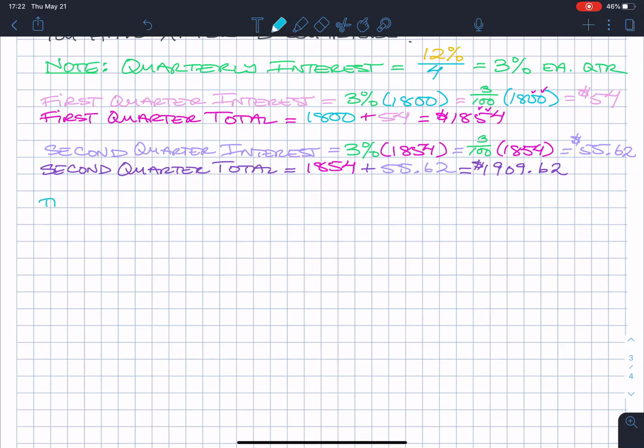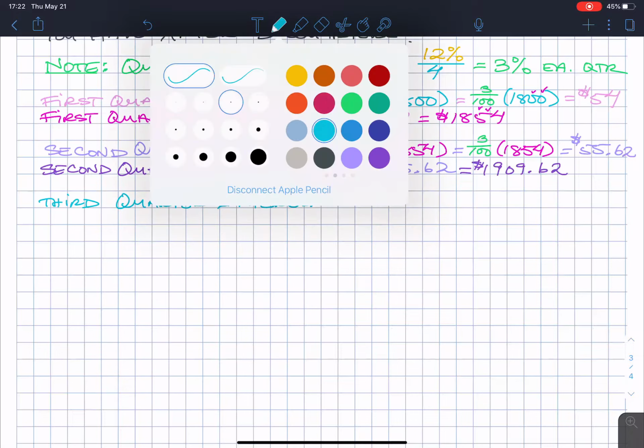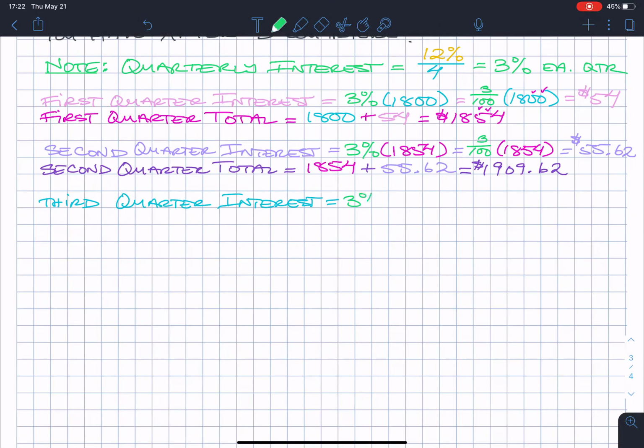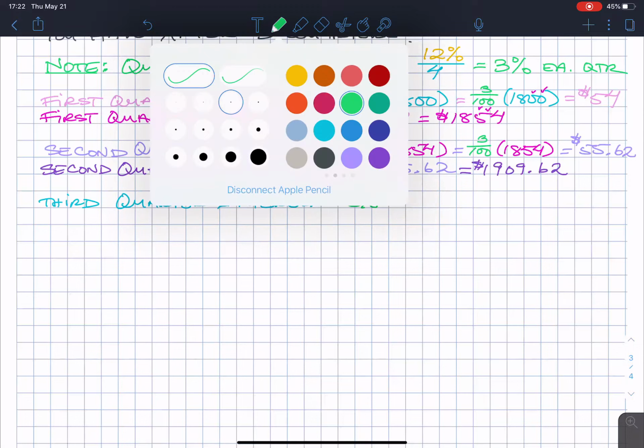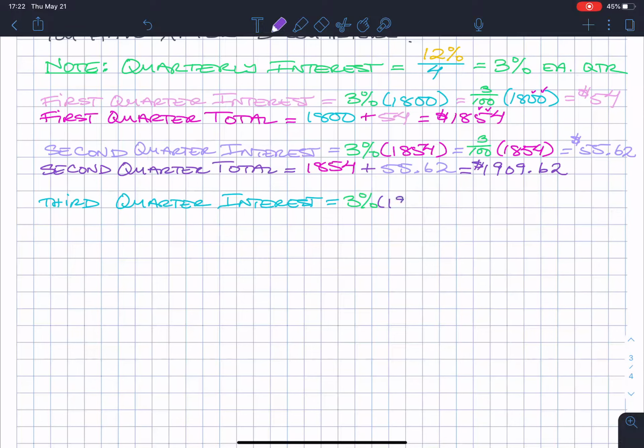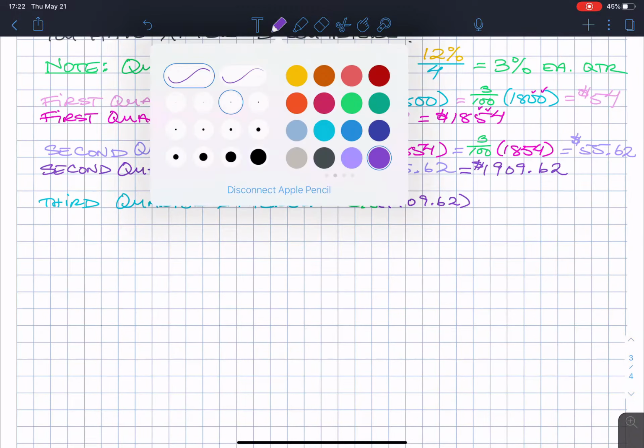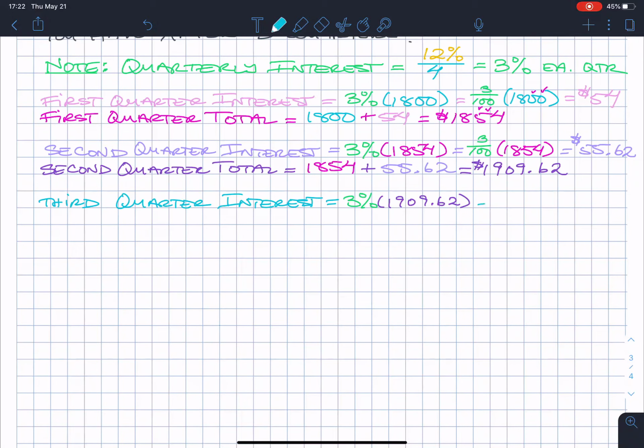Okay, so the third quarter interest. So that's 3% of 1,909.62. Okay, and what that yields is going to be $57.29.